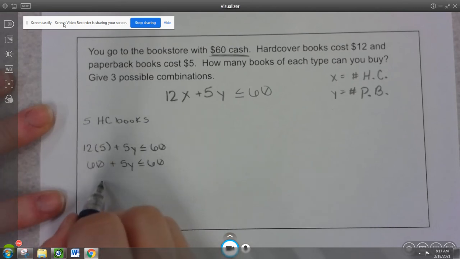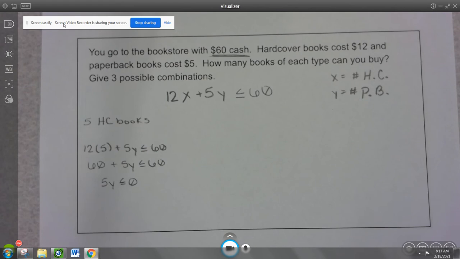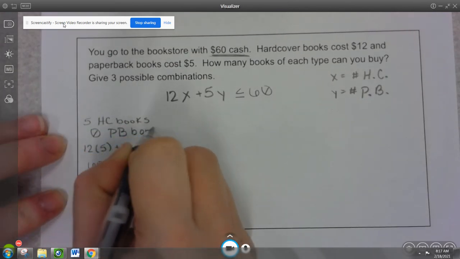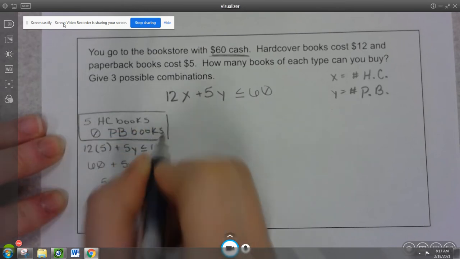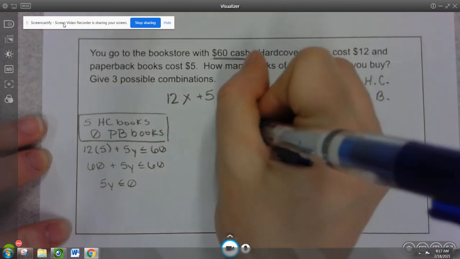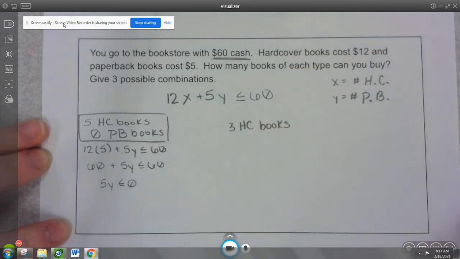That means I can't buy any paperback books because I would have 5y being less than or equal to 0, and I can't do anything with that. So that would be 0 paperback books. So that's a good way for me to know I can't buy more than 5 hardcover books. So if I want to be able to buy any paperback books at all, I have to buy less than 5 hardcover books. So let's do 3 hardcover books and see how many paperbacks we could buy.